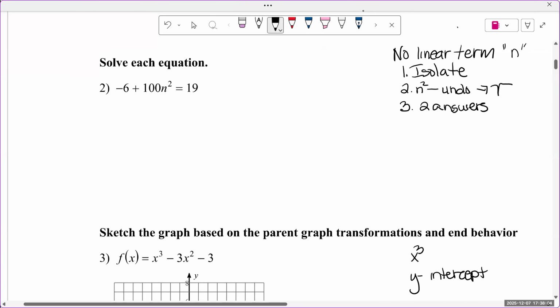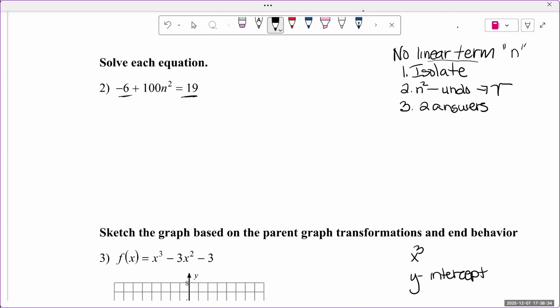Number two, we have a quadratic. Notice we have no linear term, okay? Just an n squared, and a constant term, but no linear term. So there is a shortcut that we can do that will help us to solve for n.